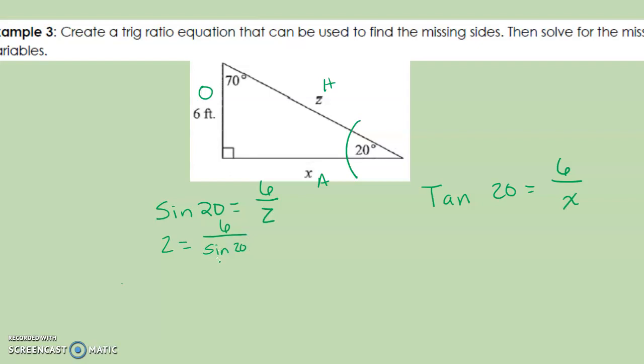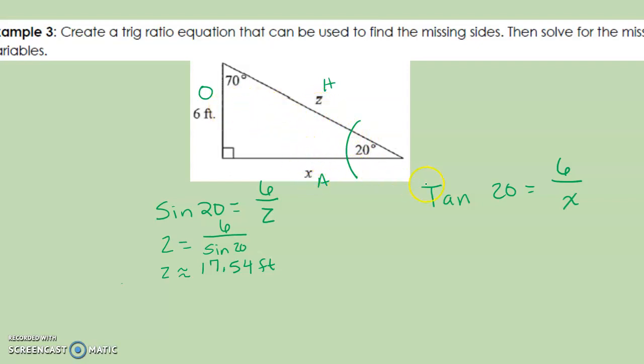I'm going to take my calculator, use my fraction button, 6 is my numerator, sine 20 is my denominator, and I have that z is approximately equal to 17.54, and we're in feet. And again, using 20 as my angle of interest, if I'm looking for x now, that's my adjacent.